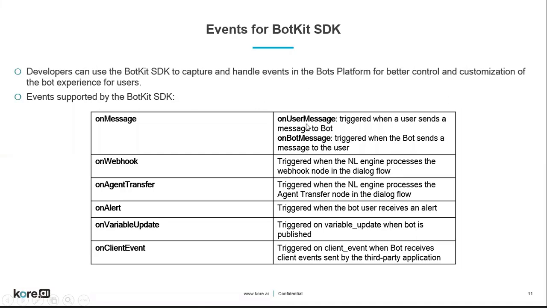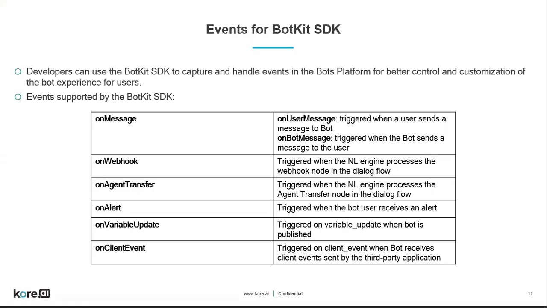The user message event will be triggered when a message is coming from the user. The bot message event will be triggered when a message is coming from the bot as a response to the user. Within these events, you can have the configuration through which you can handle the user request, or you can make changes to the bot response before it is displayed back to the user.